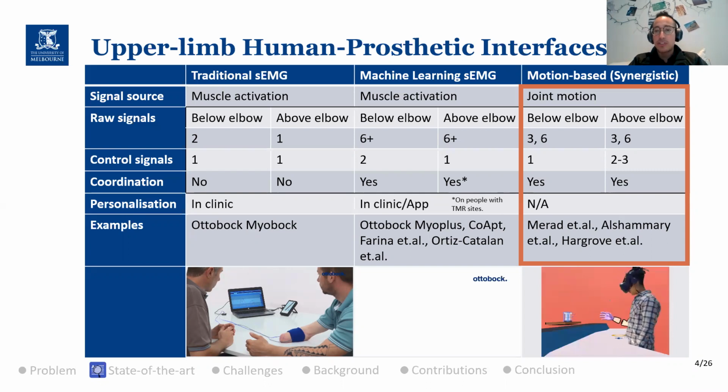And with the machine learning methods, with an app, they tell people to do a fist, the person does the fist, and then they retrain their algorithms that way. But this has not been done in motion-based interfaces so far. I'll explain why it's a bit of a challenge.